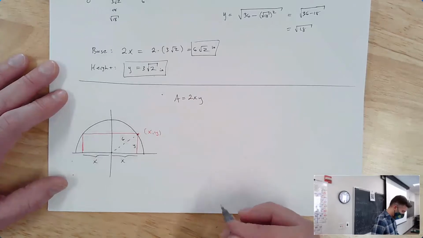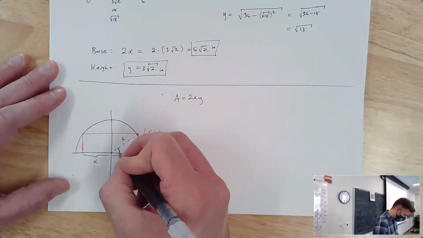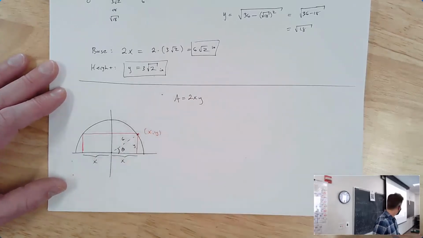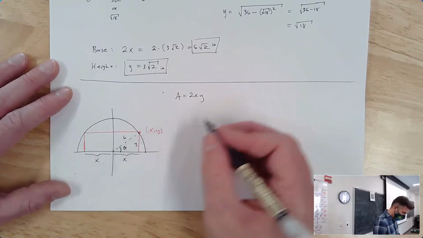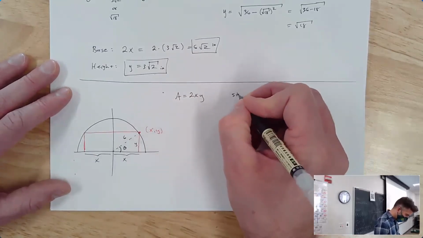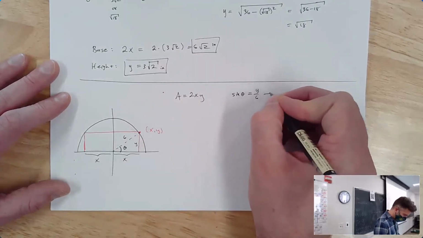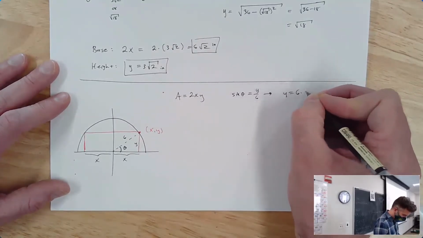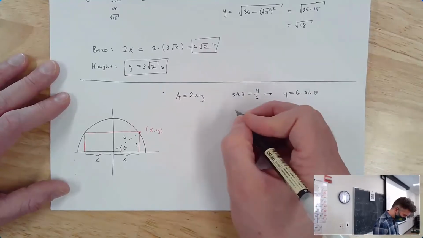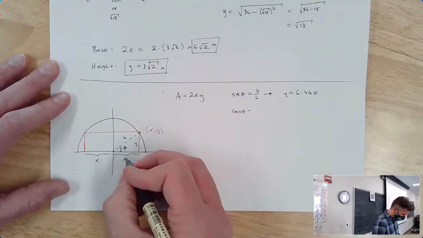But now I'm going to also label this angle theta. I'm going to say, okay, sine of theta is opposite over hypotenuse, which is y over 6. So y equals 6 times sine of theta. And cosine of theta, which is adjacent over hypotenuse, is x over 6.